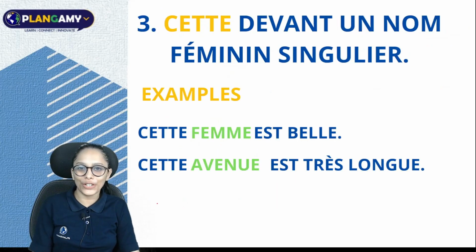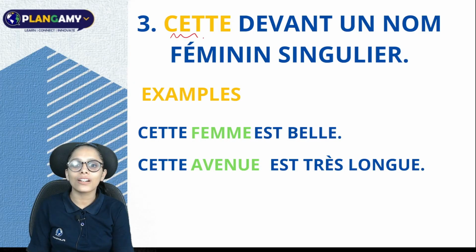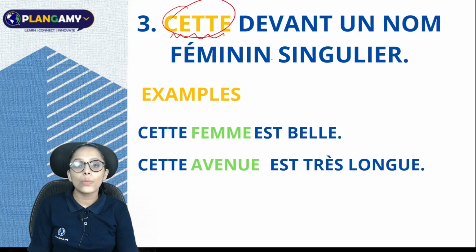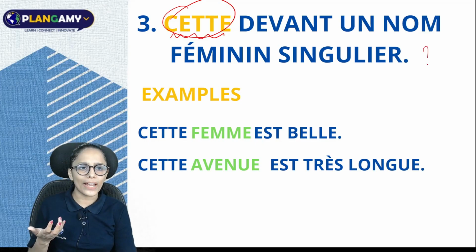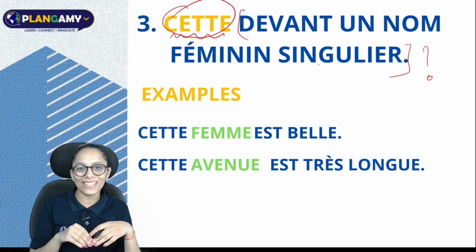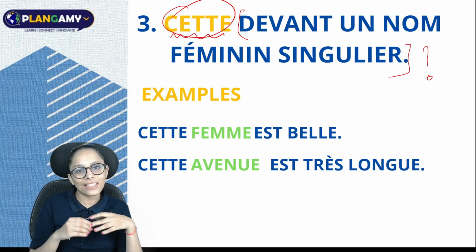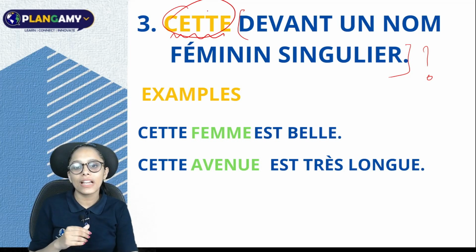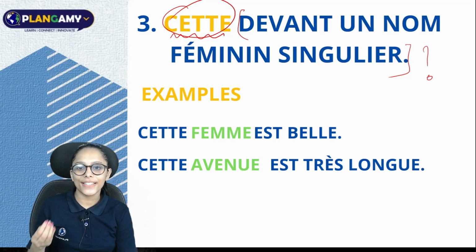Let's move further, and then we have our third criteria, that is cette. When to use cette? Here we have our answer. It says devant un nom féminin singulier. So if your noun is feminine and it is singular, you have to use this adjective, that is cette.